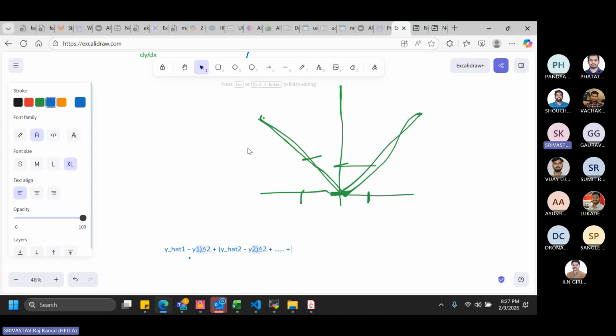Do it for all the data points. I denote the data points by n, so (y hat n minus yn) squared. We sum up all of these.